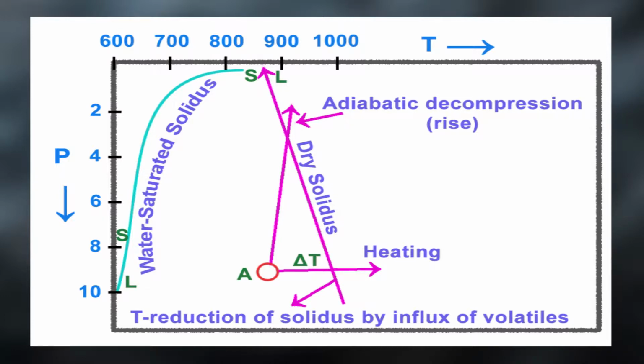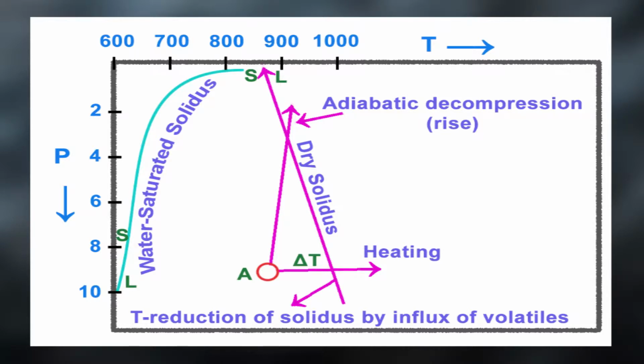Second, decrease in pressure in a crustal segment, as during crustal thinning, would also cause melting. This is familiarly called decompression melting, exemplified by the basaltic eruption at the mid-oceanic ridges.